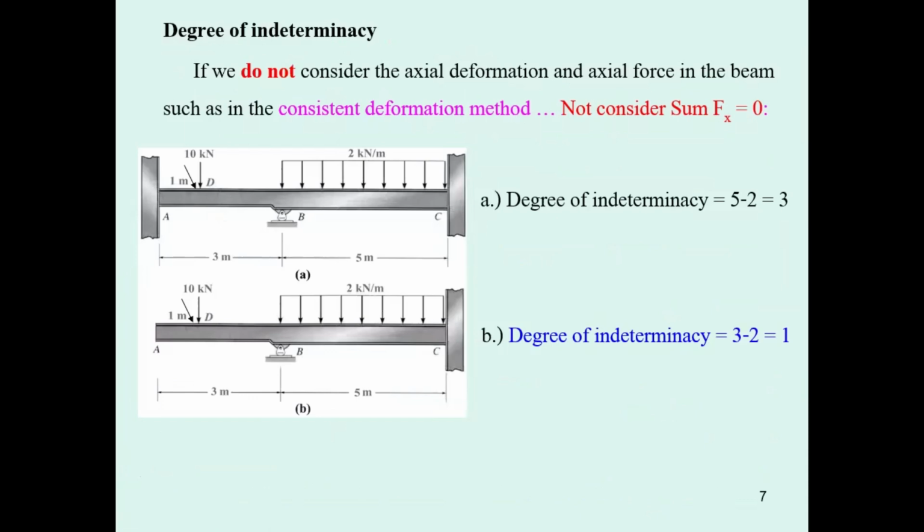And let me take you back to last term. We talked a lot about the degree of indeterminacy. But for this one, Ajahn would like to put more concentration on the axial deformation and axial force in the beam. We are going to say it's approximately zero. So, based on that concept, we have the first beam to be this one, the reaction.